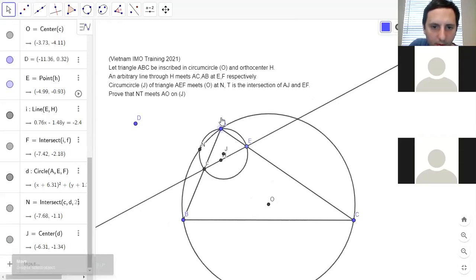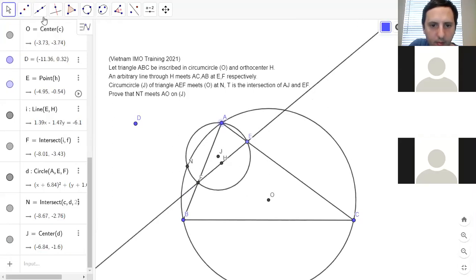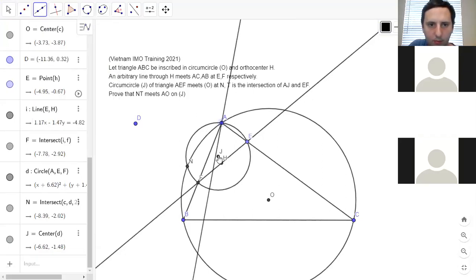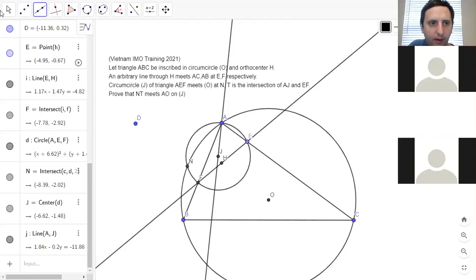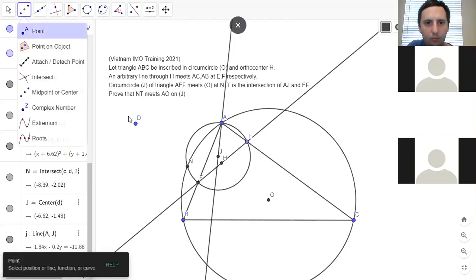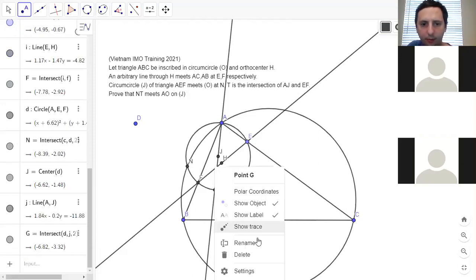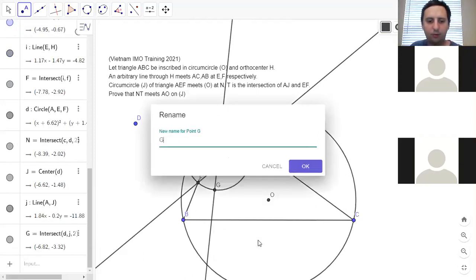Let's draw this a little better. We want to show that NP and AO intersect at J, which is really just the same as saying angle ANT is 90 degrees. Wait, is this trivial?